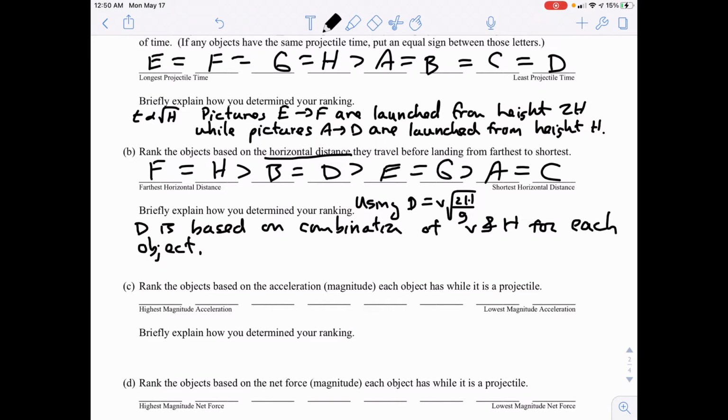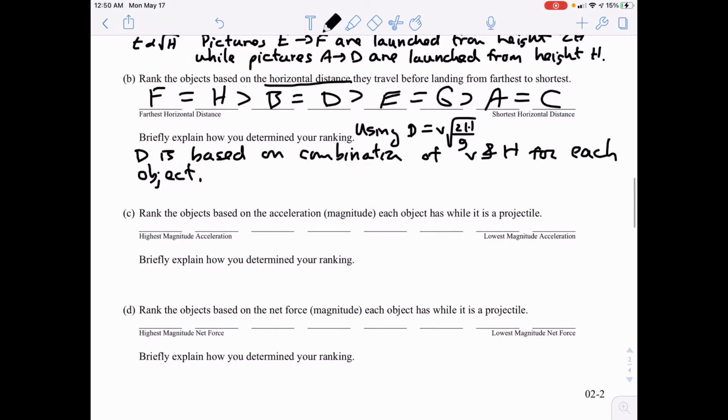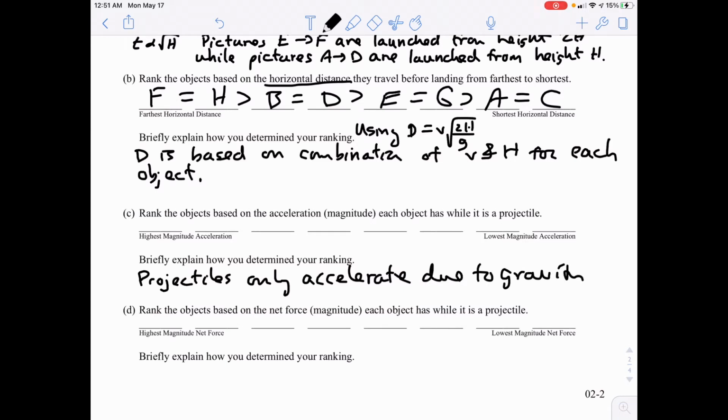Okay, letter C, we're ranking them according to their acceleration. Well, projectiles, I'm going to explain this before I rank it, make it easier. Projectiles only accelerate due to gravity. And that's a constant value.